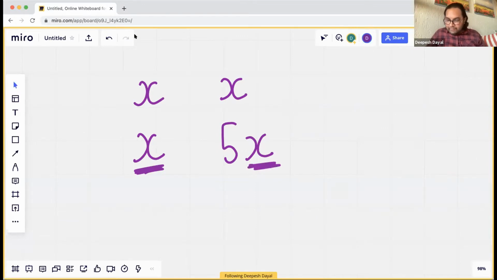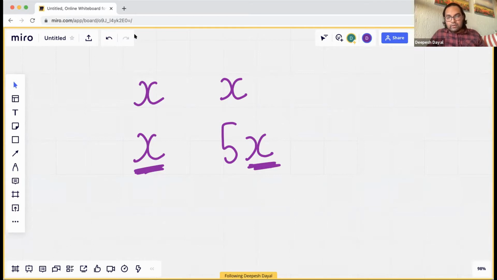So this 5x has what we call a coefficient in front of the x, which is the 5, right? So that is the same as just having x and x.